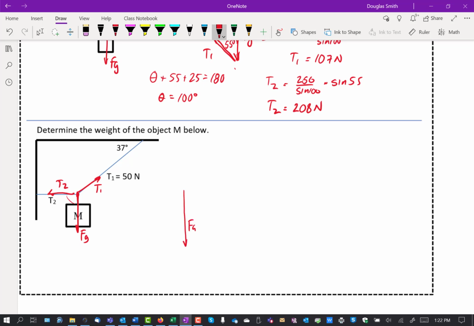Fg is down, and T2 is straight across. T1 is up at an angle. Actually, let me draw it a little bit better, because that should be a really steep angle. There we go, that's better.